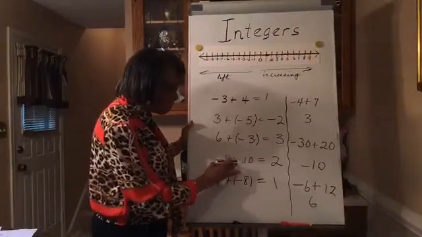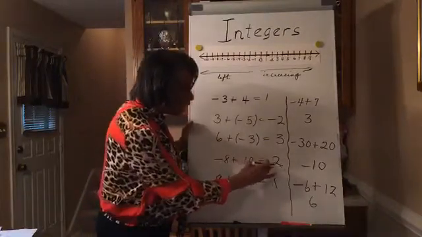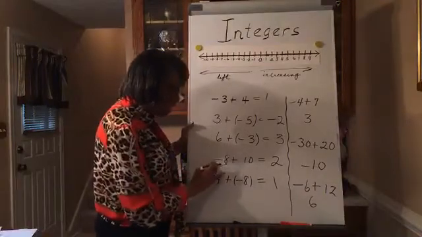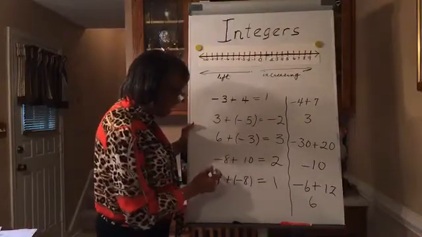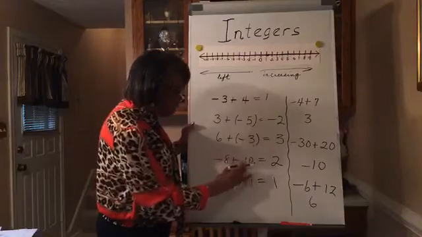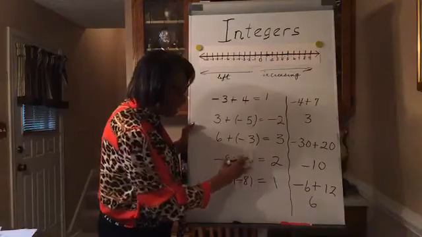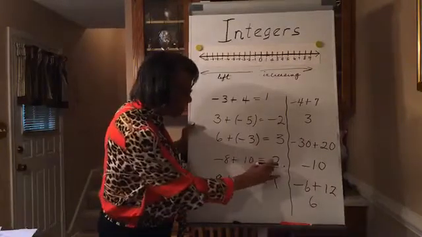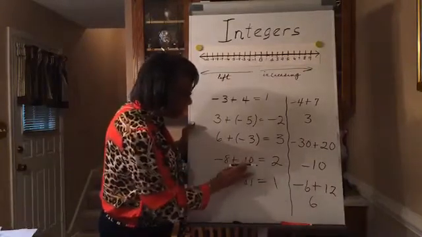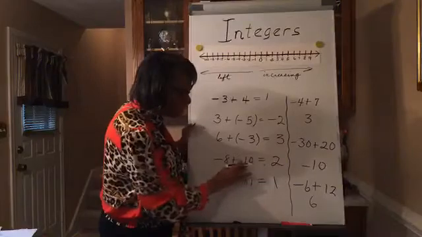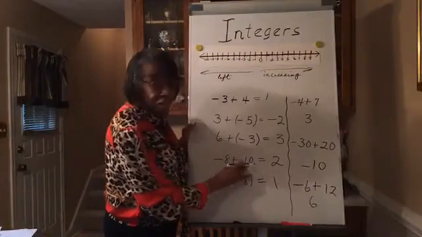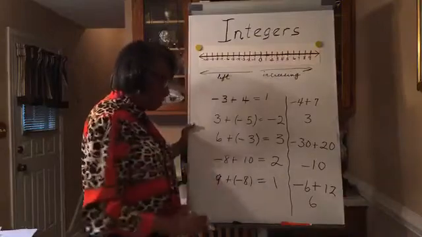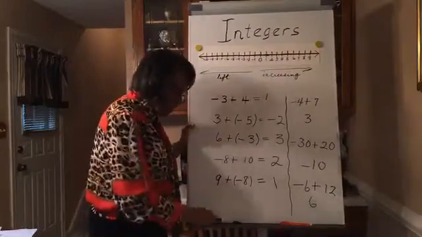Negative 8 plus 10 is positive 2. The absolute value of negative 8 is 8, and the absolute value of positive 10 is 10. 10 minus 8 is 2, and it's positive because the integer with the larger absolute value is positive. We could go through all of them just like that.